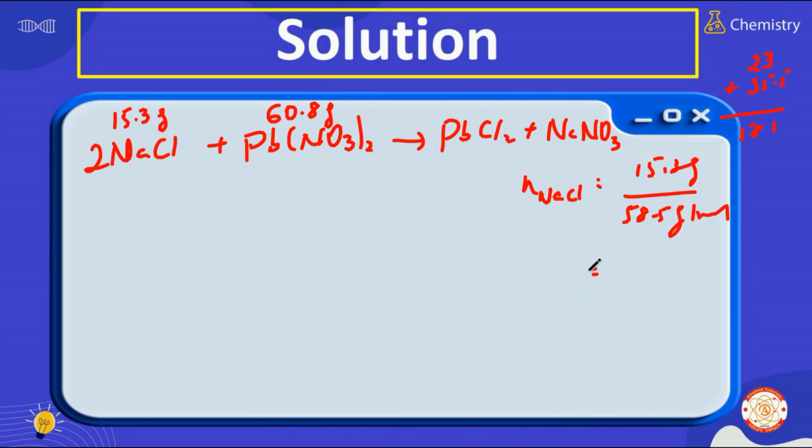Solving this gives us 0.25 mole. Now for lead nitrate. The molar mass of lead is 207.